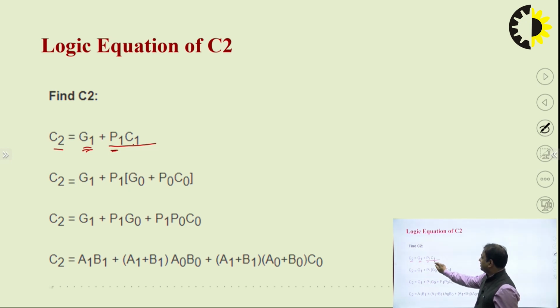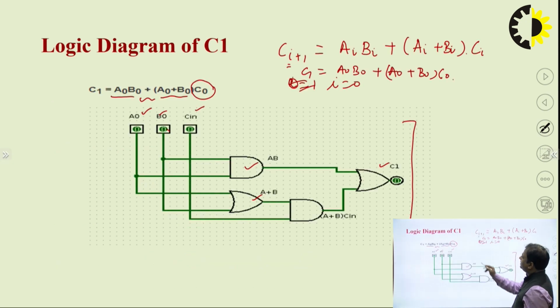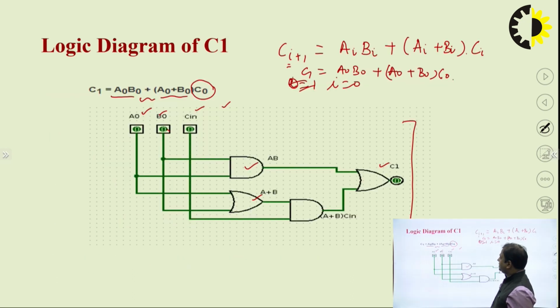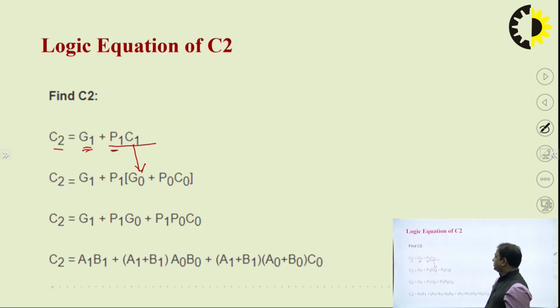Just put the value of C1 here, which we have derived from the previous equation, that is C1 equals A0 B0 plus (A0 plus B0) into C0. So put the value of C1 and derive the equation for C2.